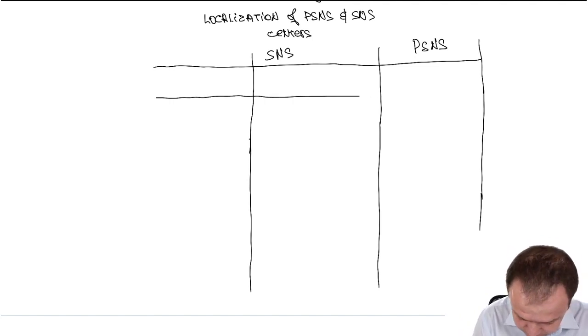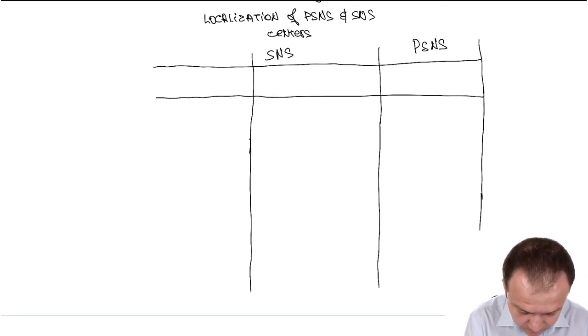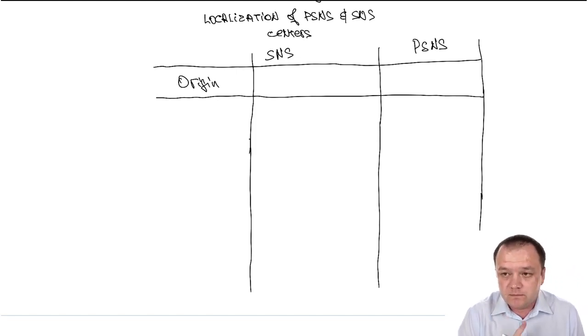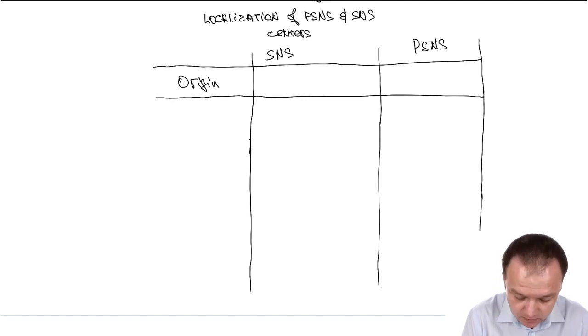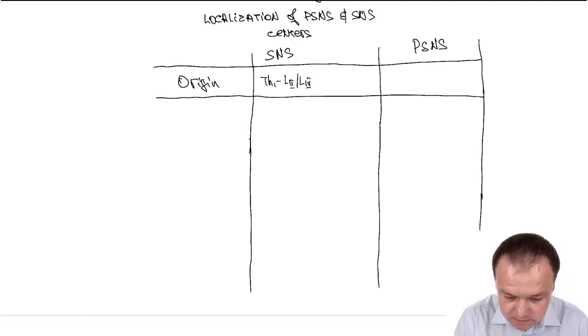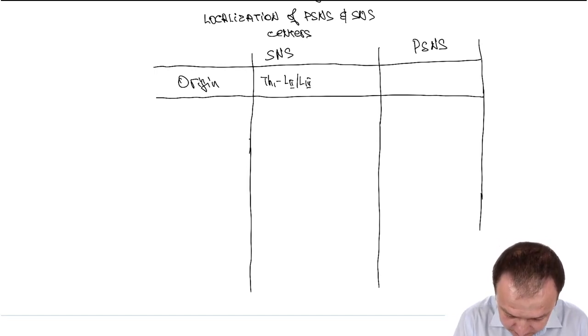First, we should see origin. Sympathetic nervous system has thoracolumbar origin, right? So it is TH1 to L2, L3 segments, and the parasympathetic nervous system has craniosacral localization.